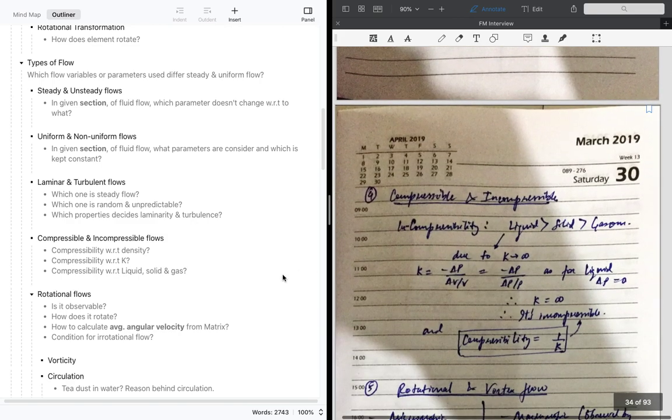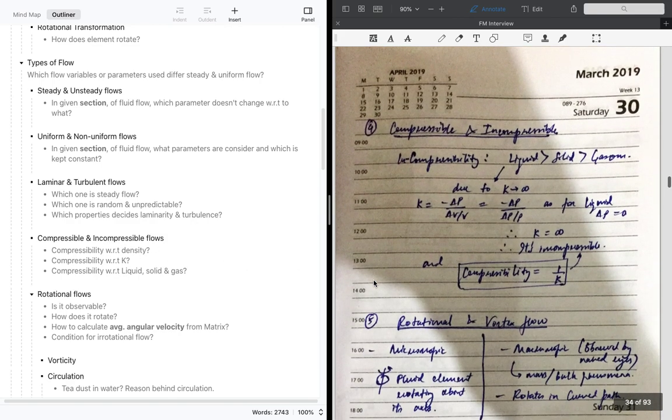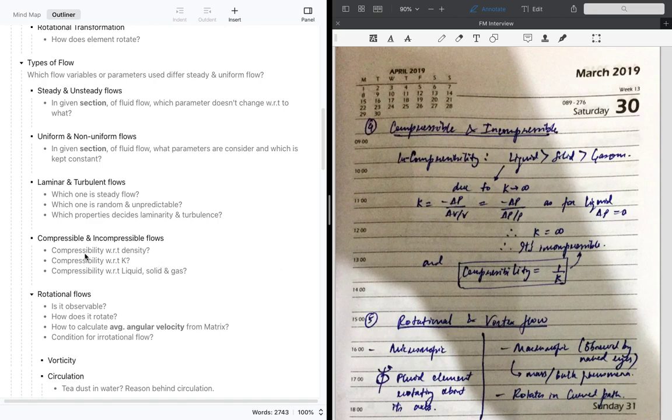So next one is the compressible and incompressible flows. What can you say about compressibility with respect to density, bulk modulus, liquids, solids, gases? First we will see the incompressibility. When the density of any matter increases, its compressibility decreases.